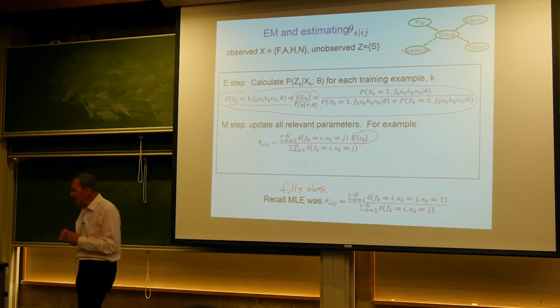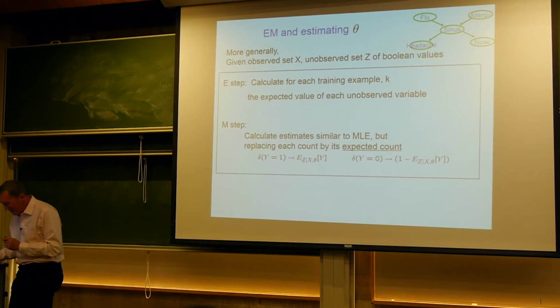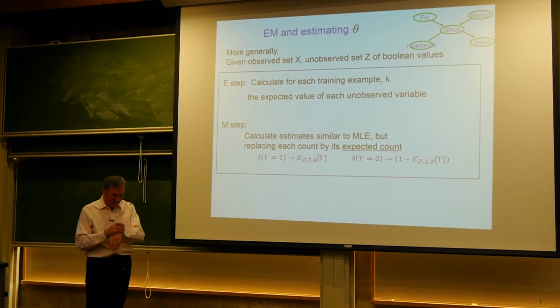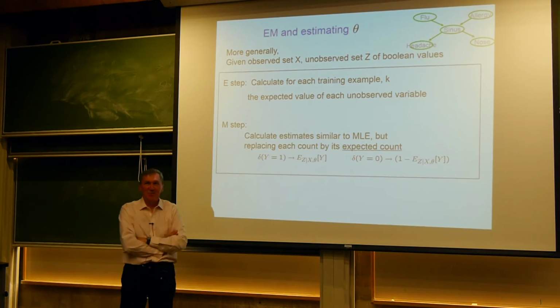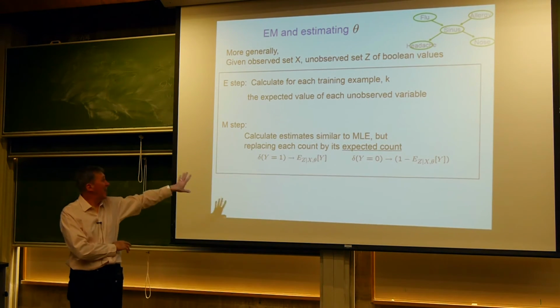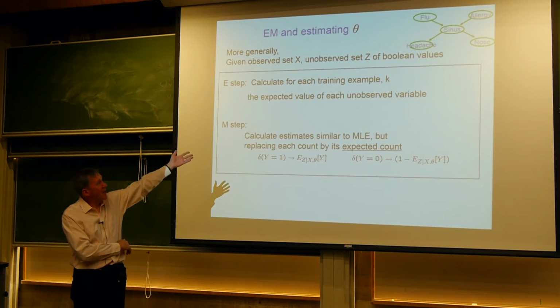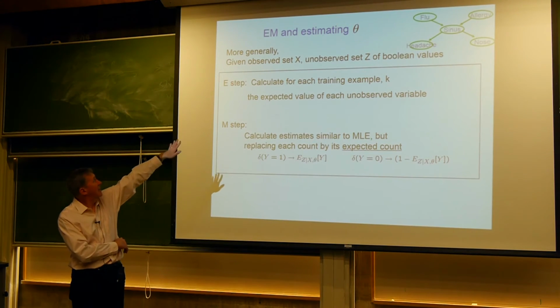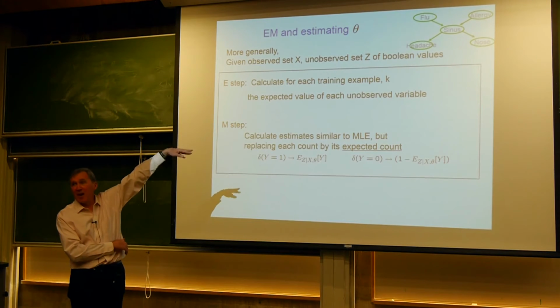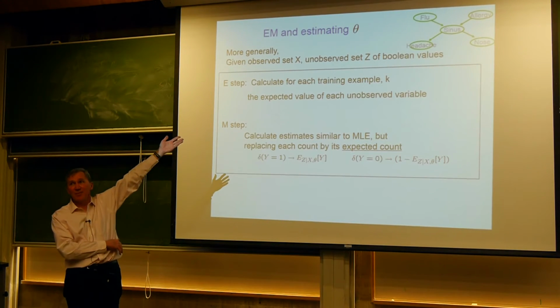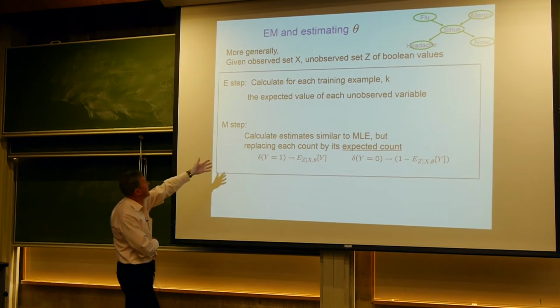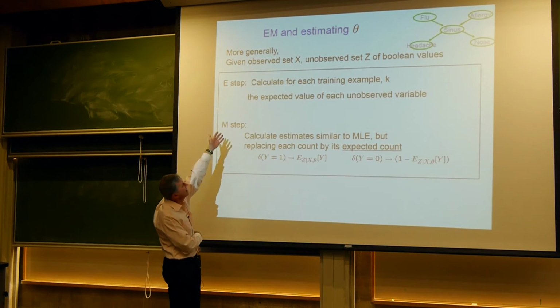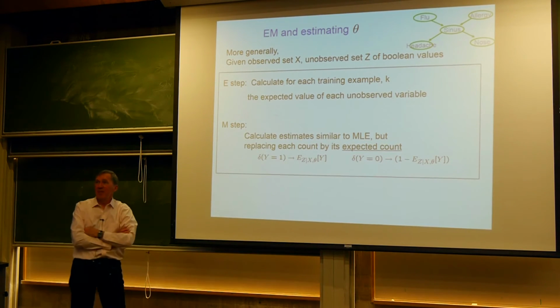Okay, I think maybe the most useful thing to do is to look at an example that ties this all together. Let me just state that here's a very general technique. For example, in the case where we have Boolean variables in any Bayes net, here's a general implementation of EM.